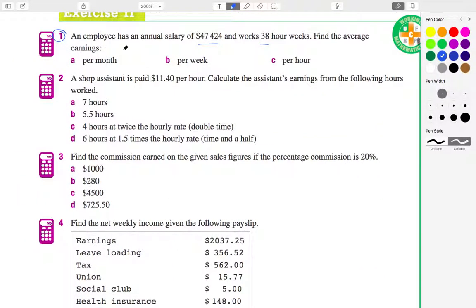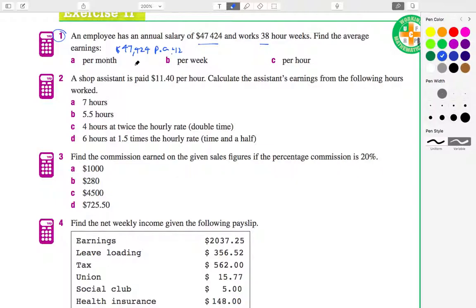There we go. So they get $47,424 per annum, or per year. That's their annual salary. If we want to find how much they make per month, we simply divide it by 12, because there are 12 months in a year, and then we get the monthly salary.